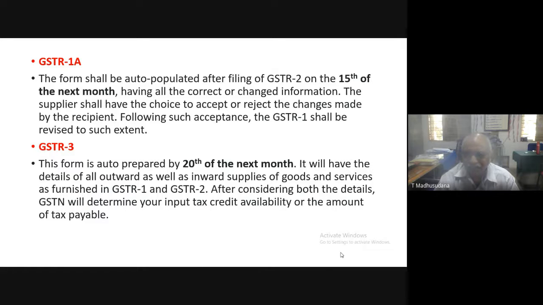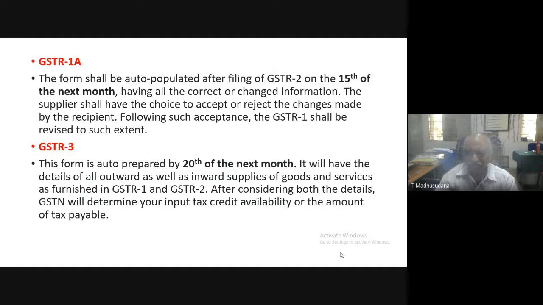It will have the details of all outward as well as inward supplies of goods and services as furnished in GSTR 1 and GSTR 2. So GSTR 3 is also an auto-populated form.